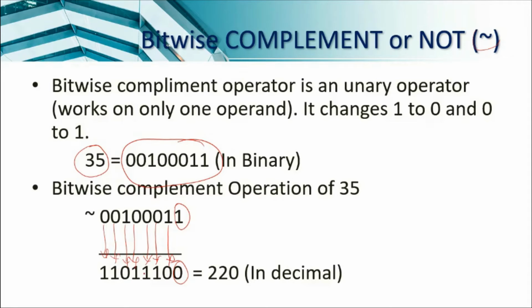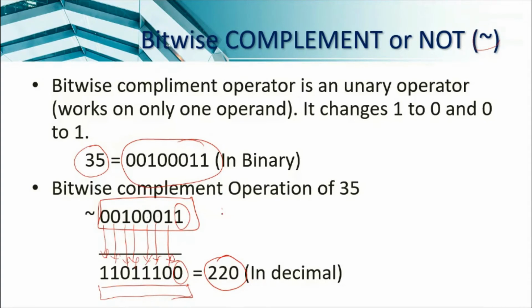In this case, when we find out the corresponding decimal value of this value, it becomes 220. That is, the bitwise complement of 35 is 220. You might have noticed one thing, that whenever we are representing a binary number, we are taking 8 bits: 1, 2, 3, 4, 5, 6, 7, and 8.